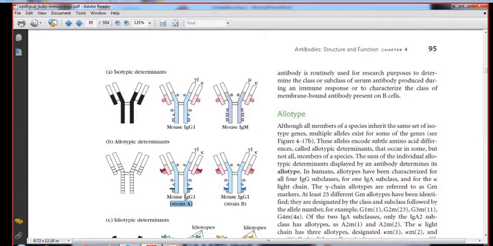So if we compare two mice of different strains, strain A and strain B, and compare the two mouse IgG1, the same antibody, you can find although they are IgG1, still there is some amino acid sequence variation in the constant region.